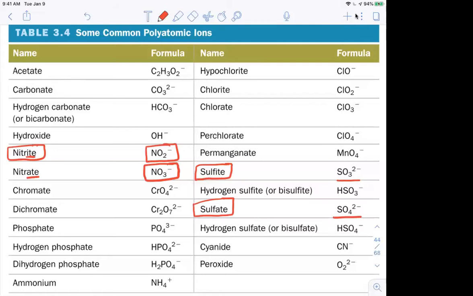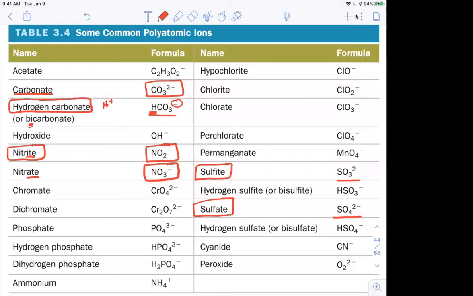If I put a hydrogen in front of a polyatomic, for example, I go from carbonate, which is CO3 2 minus, and I put a hydrogen. A hydrogen basically is a +1. If I connect it to the CO3 2 minus, I'm adding a plus, so my charge goes to -1. The hydrogen goes in the front of that formula, and notice I have the name hydrogen carbonate included.